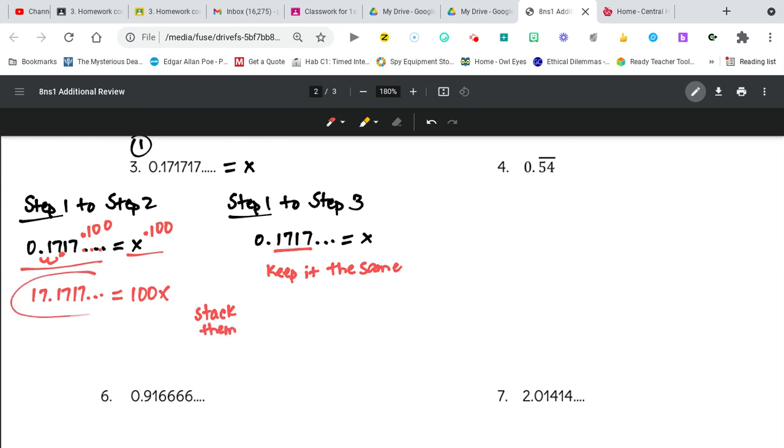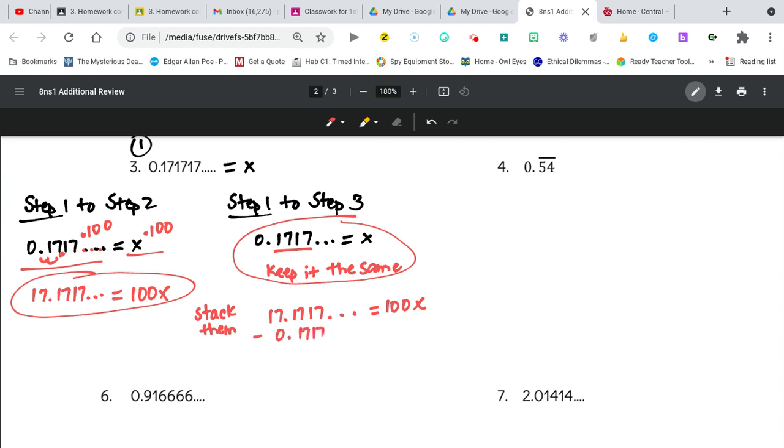So I'm going to take this equation and stack it with the one I'm keeping. Stack them just means line the decimals up. I'm able to put a 1. Then after you stack them, you can subtract them.